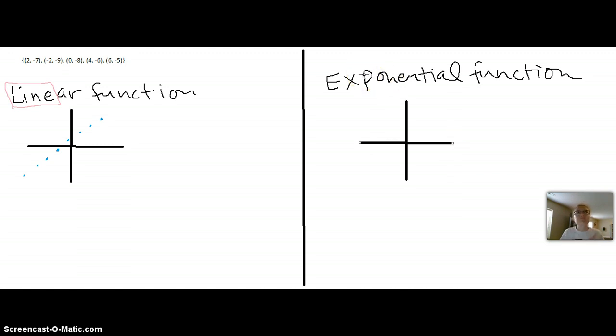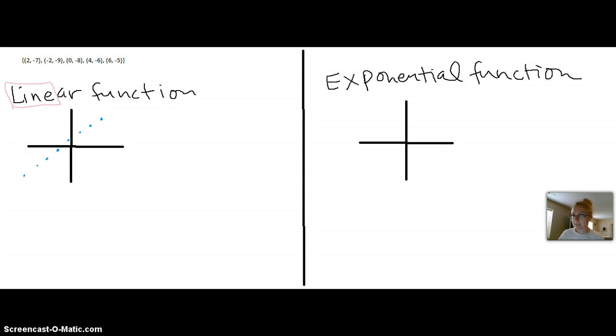It'll be a curve where things start to increase at a fairly slow rate, but then as time moves on, or as you move further down the x-axis, the y value will increase really fast and become steep, quicker and quicker. It's called exponential growth. You've probably heard people say that phrase, it grew exponentially, even if it wasn't in a math setting. That means that it grows more and more with time.